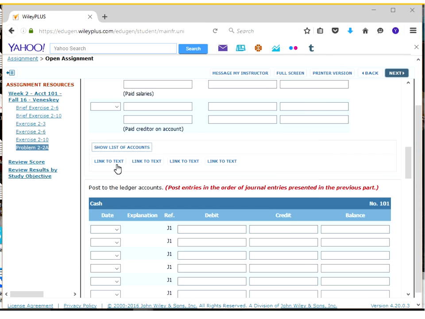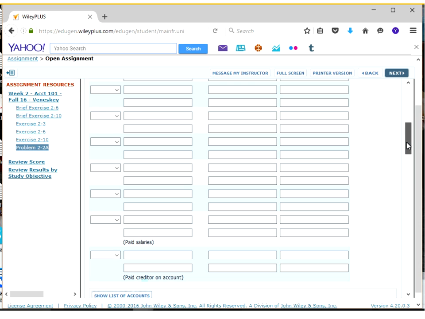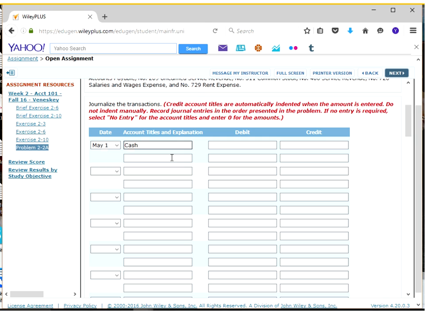And you can always go to Link to Text here if you are struggling, and those 4 different links will take you to different areas. Part of it will be journal entries, part of it will be T-accounts, and then at the very end, they have us do a trial balance, which is one of the things I went over in my previous lesson on journal entries, T-accounts, and trial balance with Marty's example.